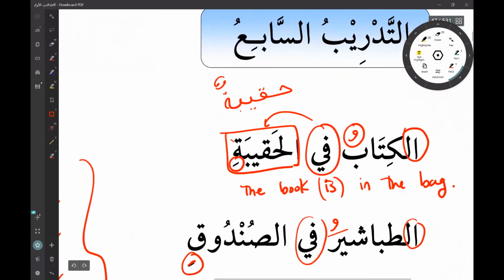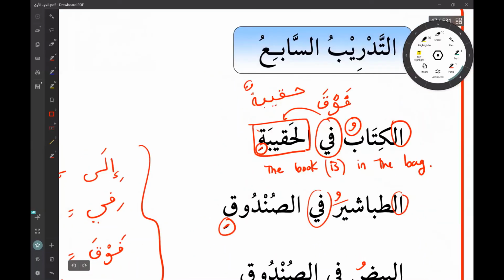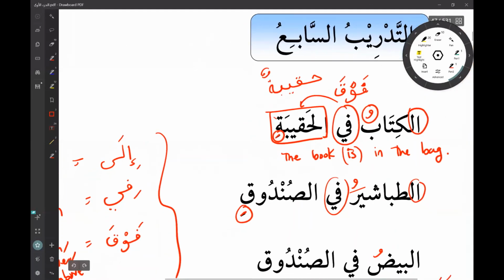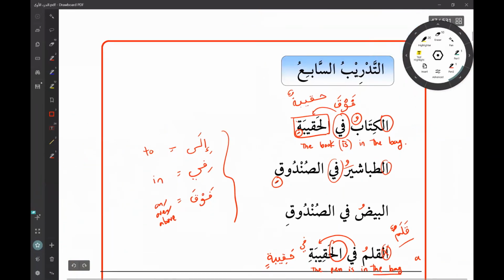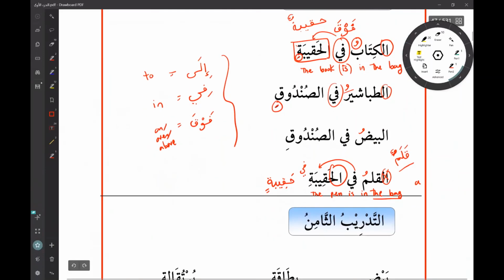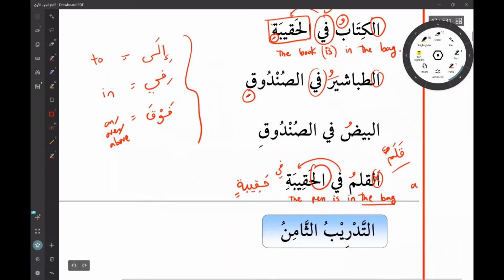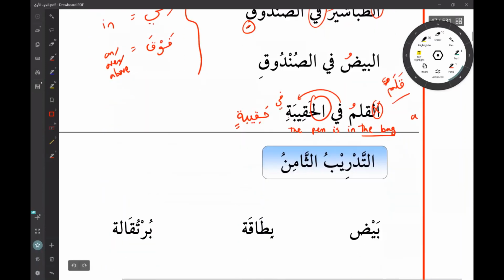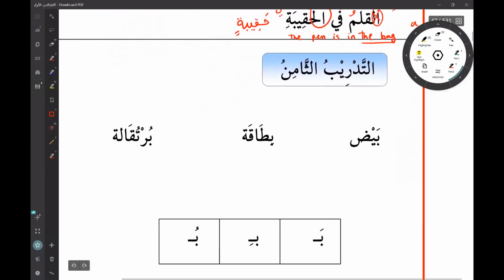We can say al kitabu fawqa al haqibati, same story. If you have fawqa, you still have to have the kasra. Okay? So something that you need to get used to. Inshallah, these things will come a lot. But if you're getting it, you understand what's going on a little bit, that's fine. But if not, please rewatch this video and inshallah it will help you, right?